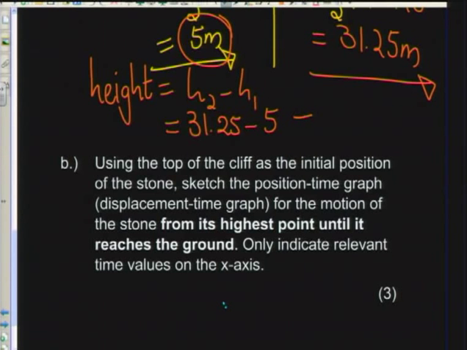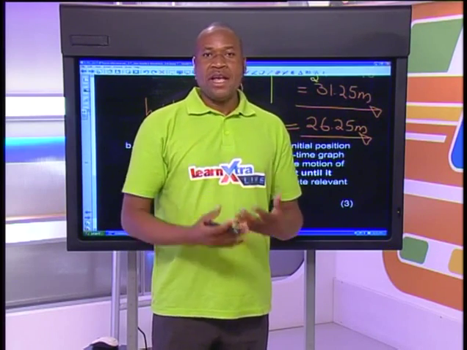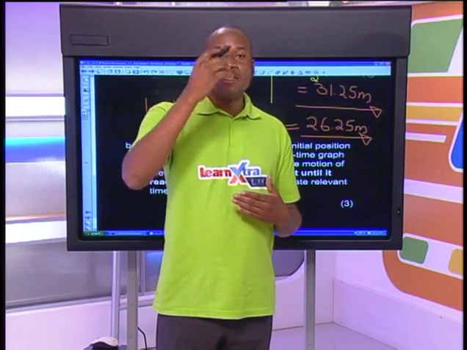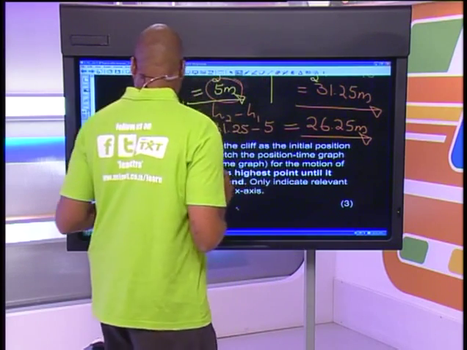And therefore, this works out to 26.25 meters. So that is how high the stone was before it was thrown up by that boy. So that is the height from the bottom of the cliff to where the stone was thrown upwards. Okay, I hope you understood that.